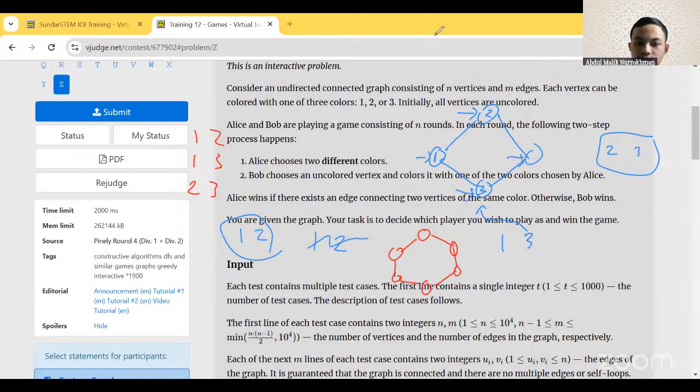Can we win the game? What do you think? In this case, Alice wins the game. Is it correct? So we lose the game.